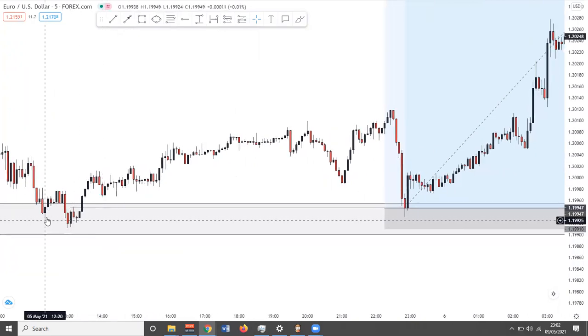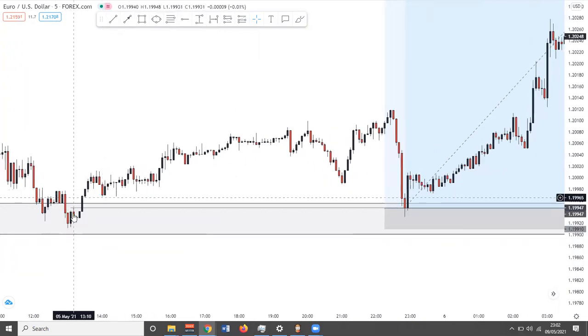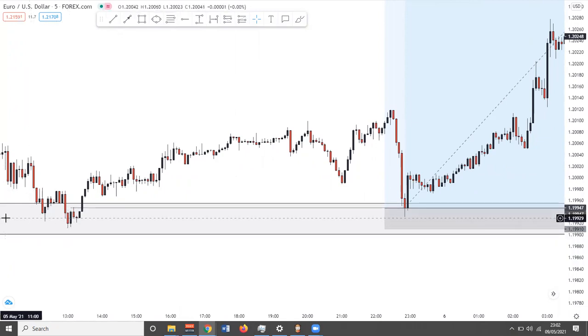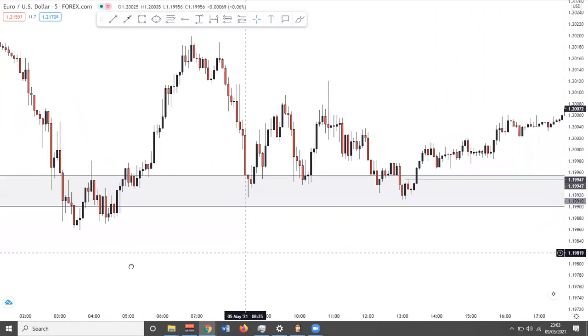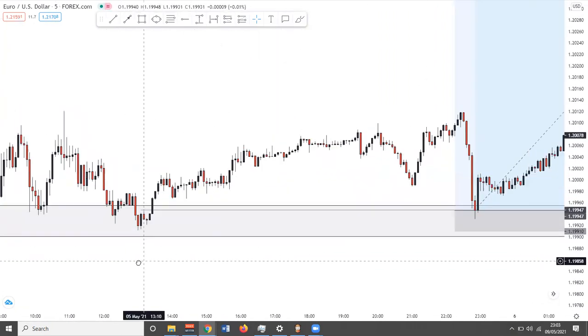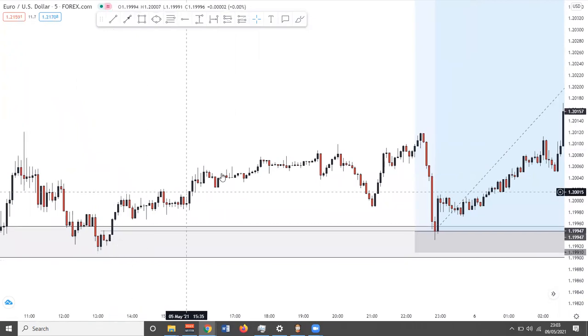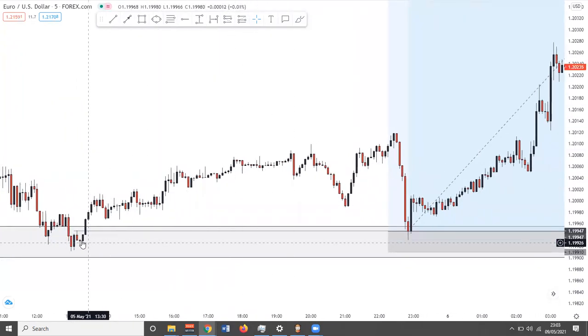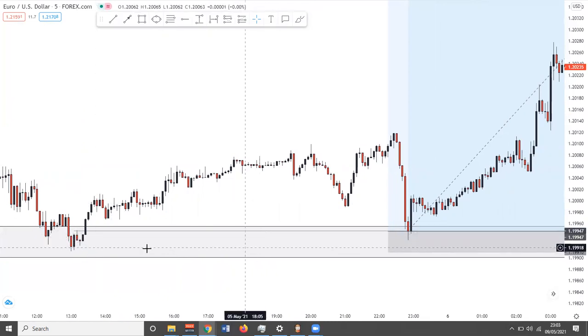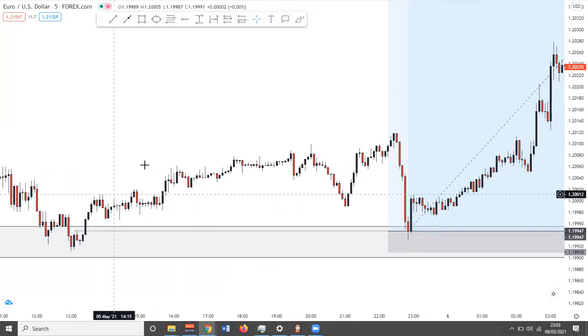This here was a low. It got taken out, and I told you there were previous lows, and this low took it out. And over again, you see the reaction to this area. You see the reaction to that area, and price traded higher. And upon the return, you could use this candle, but I'm not using that candle as an entry just because it's the last down close candle before the up move.